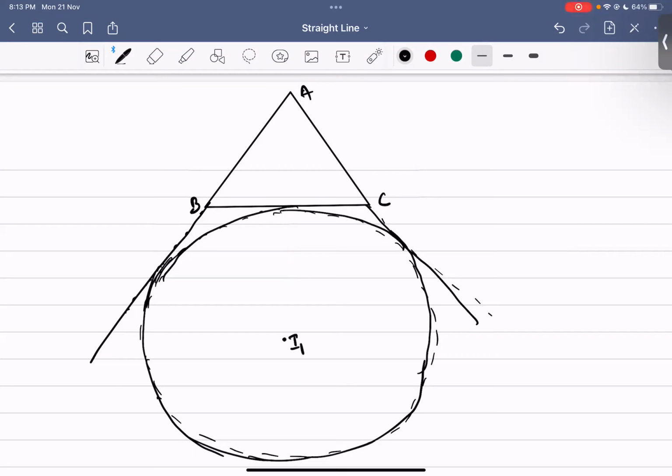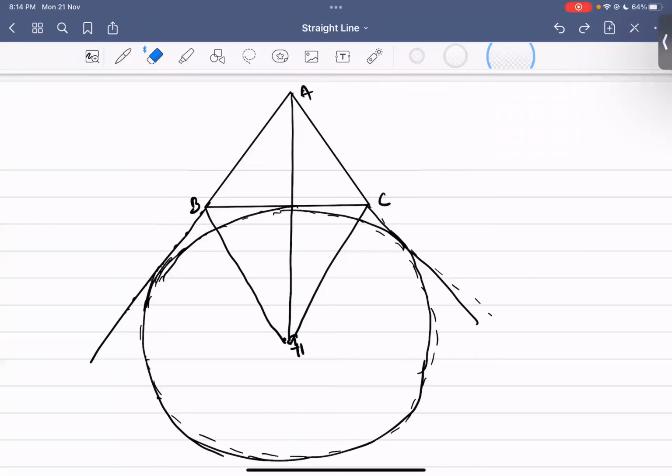Now, if you join, this is the internal angular bisector of A and the external angular bisectors of B and C. So this is excenter I1.